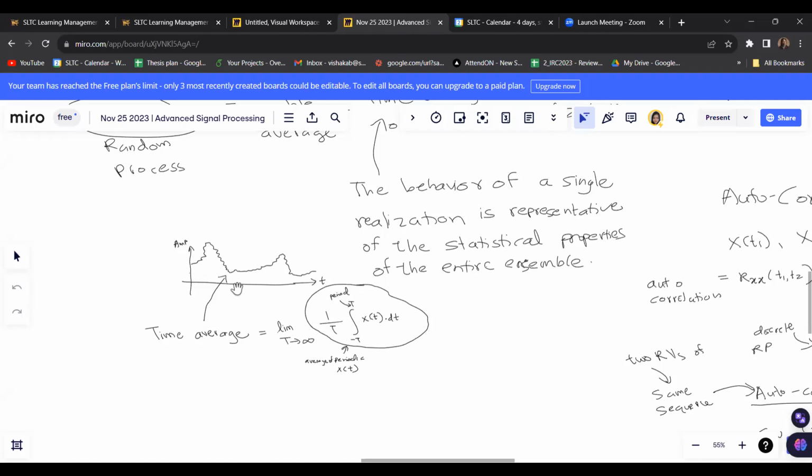Since it is not a periodic signal, the average is found by sending the time period up to infinity. The time period is given by the capital T here, and the capital T should be sent to infinity because this signal, which is not periodic, will be periodic when the period reaches infinity.